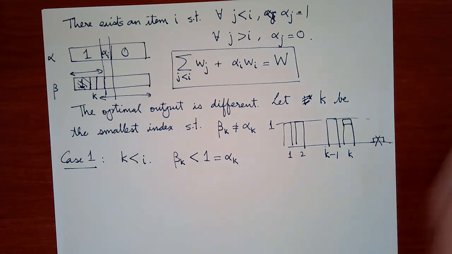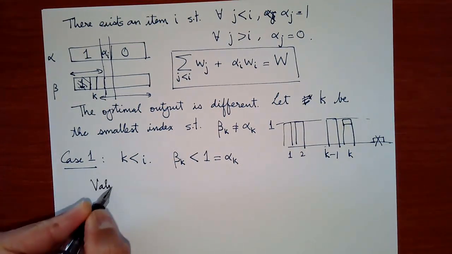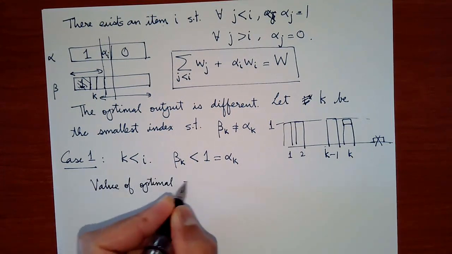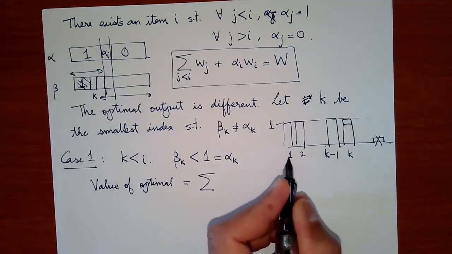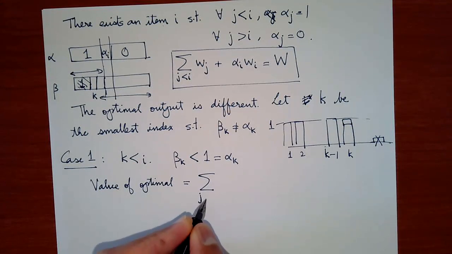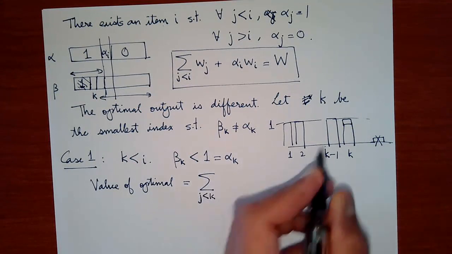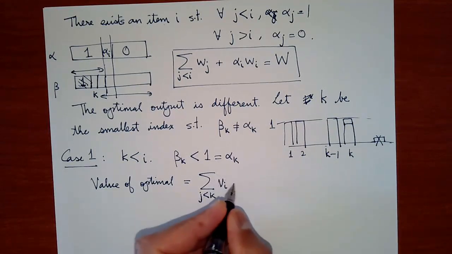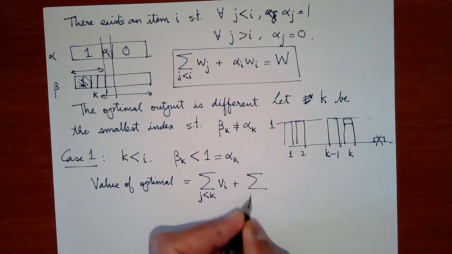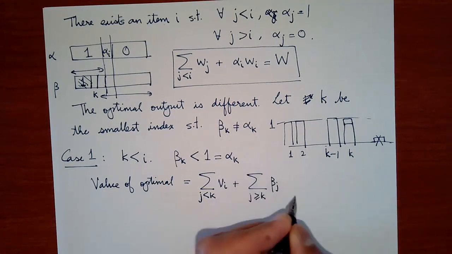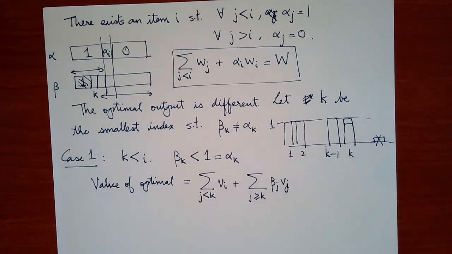Let me write this out. The value of the optimal is the summation of j strictly less than k, where it's just taken everything, so it got the value, plus the summation of j greater than or equal to k of beta j vj.